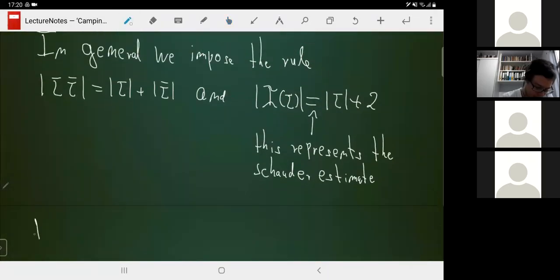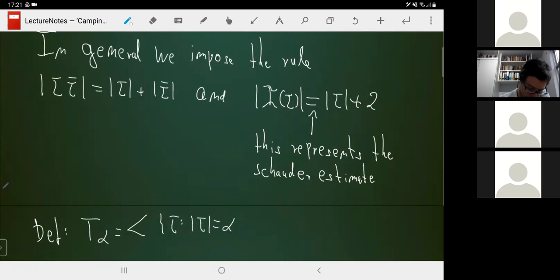And then the final definition: T alpha is the vector space generated by all taus of order alpha. Okay.